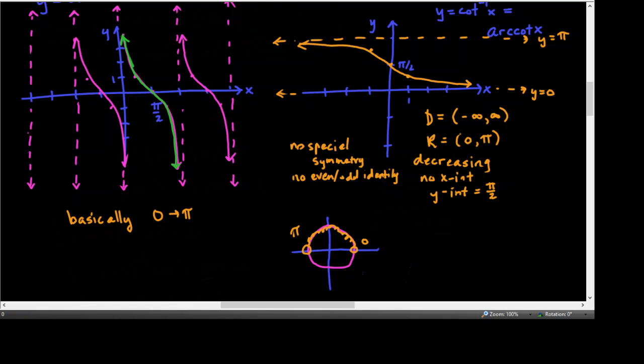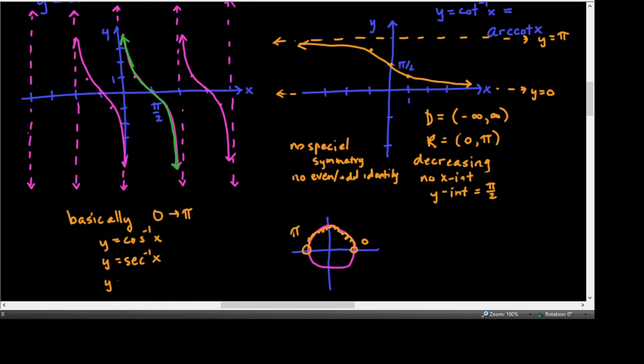Secant inverse omitted the middle point, pi over 2, and cosine used all of it, 0 to pi. So these three, cosine, its inverse, the reciprocal of cosine, which is secant, and the inverse secant use basically 0 to pi, again with the middle point left out.